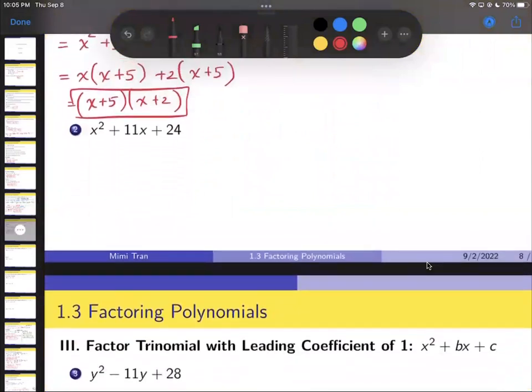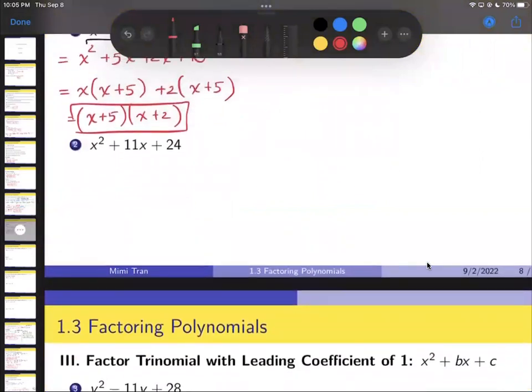All right, let's try number 2. I'm going to try the guess and check method for number 2. The guess and check method is pretty quick. So first, I need x and x, right? Because x times x is x squared. It's always two pairs of parentheses. The first thing you do is put down x and x in each pair.